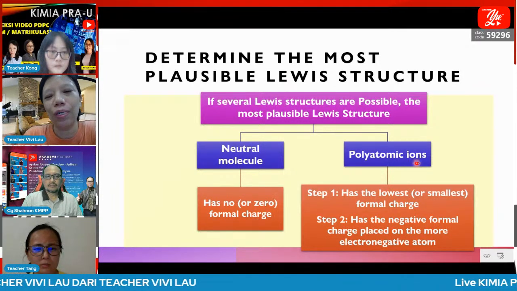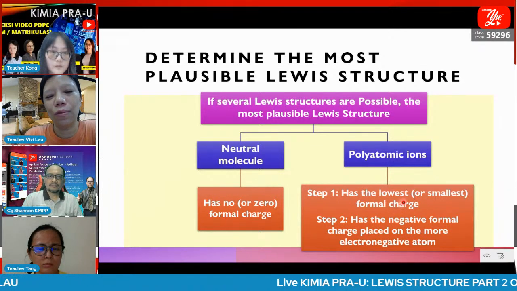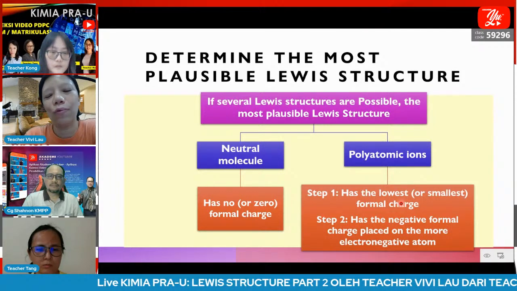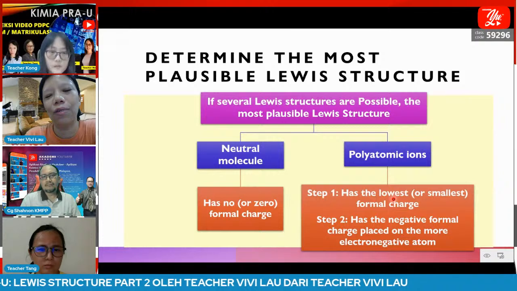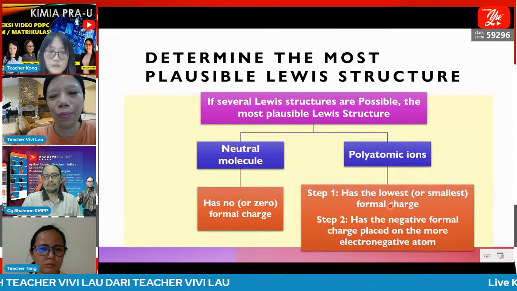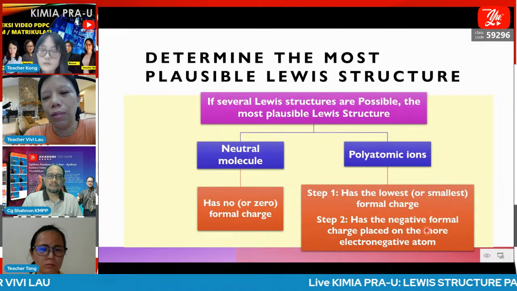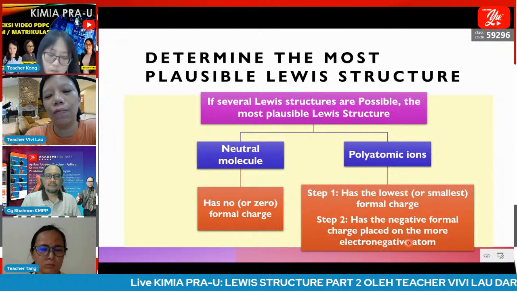For polyatomic ions, you should get the smallest formal charge. Sometimes you cannot get equal to the charge of the ion, so you have to write the Lewis structure that has the lowest formal charge value. Then a negative formal charge must be put at the electronegative atom.